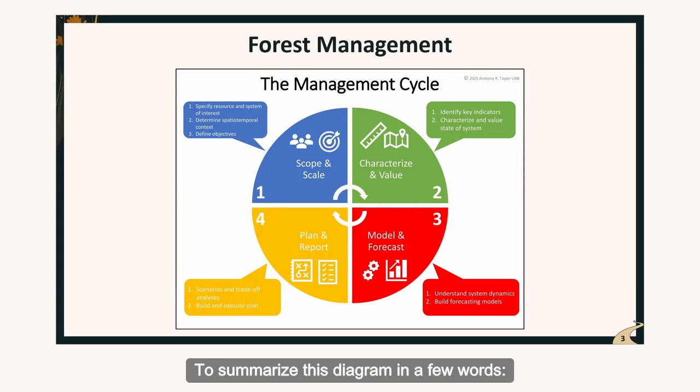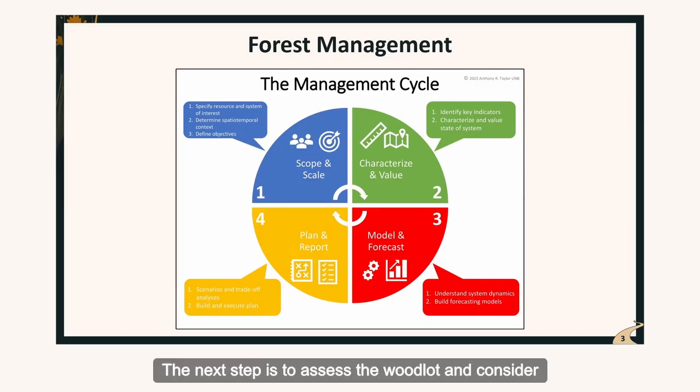To summarize this diagram in a few words, you need to know what you want and what you have, and understand how it will evolve. Then you need to evaluate and plan to finally manage the woodlot. In the context of climate change, it is recommended to choose objectives that are adapted to this reality.